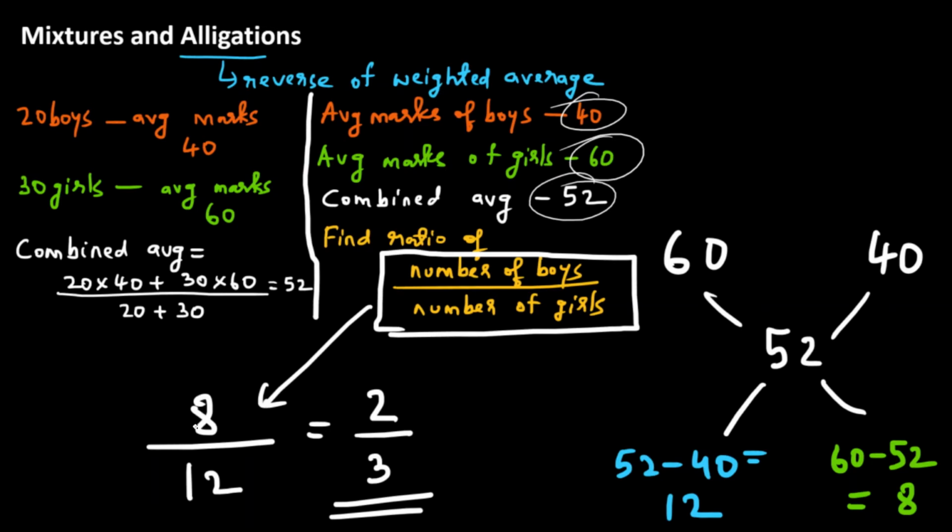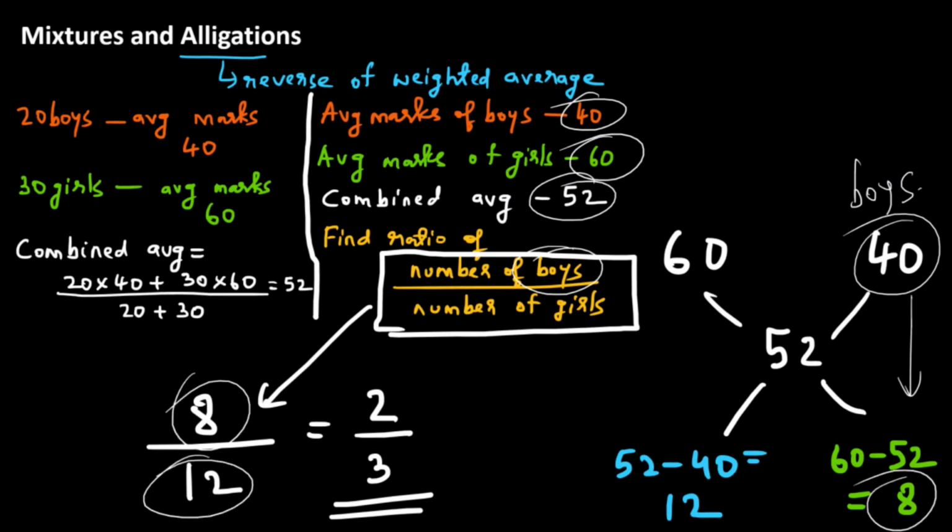So over here we have taken 8 because that's what's below 40, which is the case of the average marks of boys, and we are asked to find the number of boys by the number of girls. That's why 8 is in the numerator and 12 is in the denominator, and the ratio should be 8 by 12, which is equal to 2 by 3.